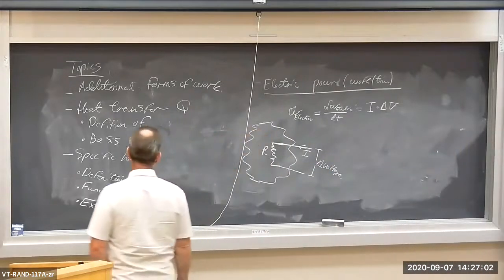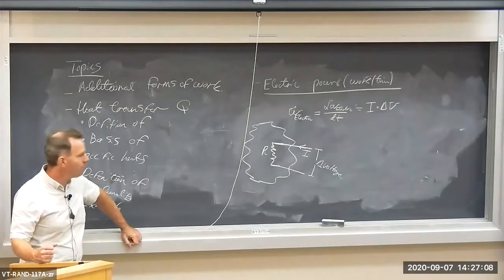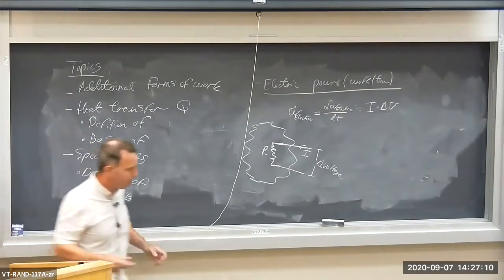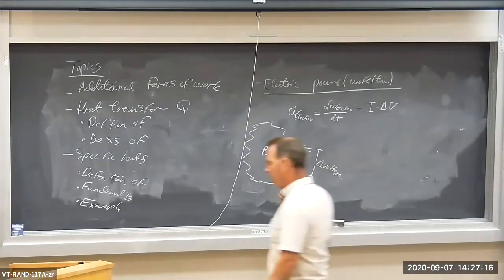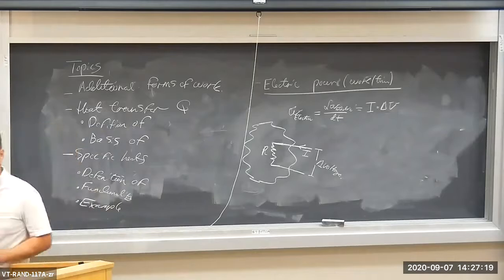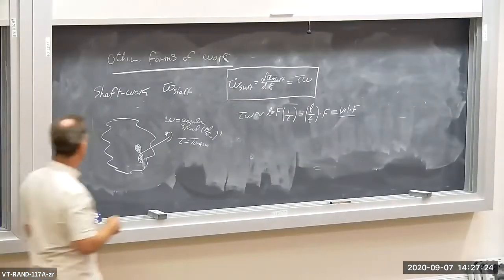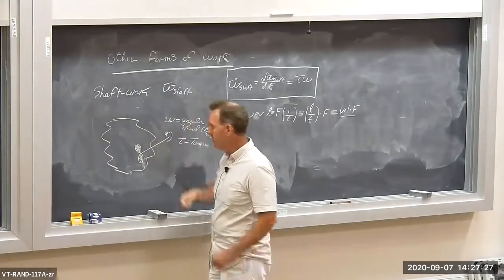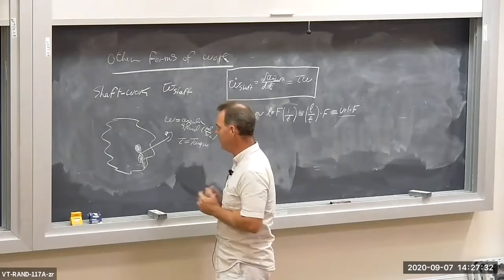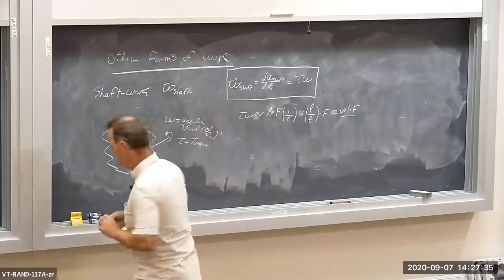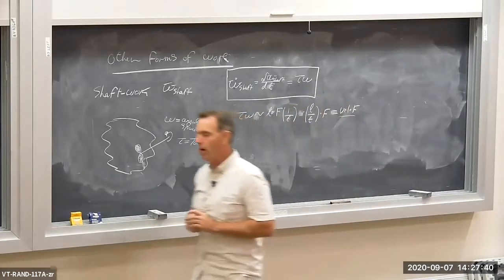So we've encountered now three forms of work, or power if you like. There's boundary work, which has to do with the change in volume of the system. We have shaft work, which has to do with putting a little propeller or impeller into the system and spinning it. So we're adding energy to the system or receiving energy from the system by spinning the shaft. And the shaft power is equal to the torque times the angular velocity.